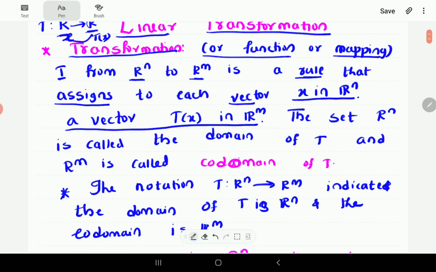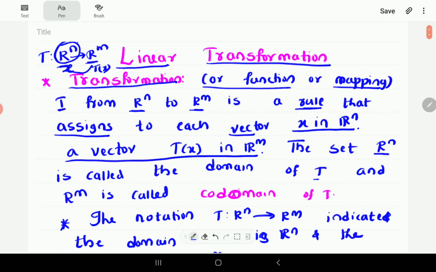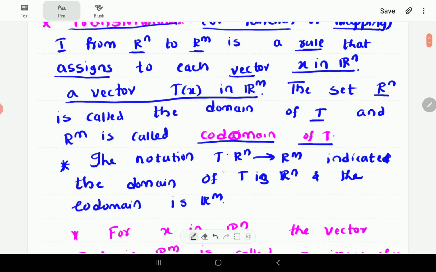Then this set Rn is called the domain of the transformation T, and Rm is called the codomain of the transformation T. So this notation, T from Rn to Rm, indicates that the domain of T is Rn and the codomain of T is Rm.